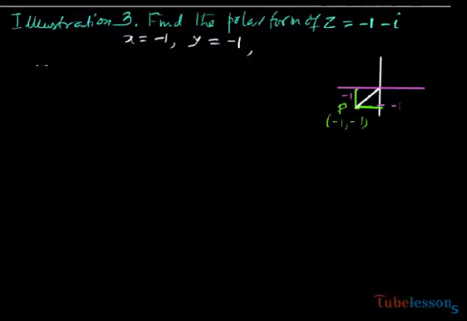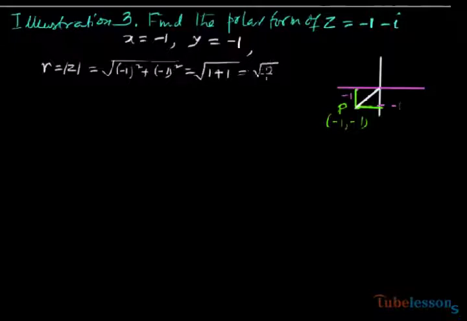So first modulus, root of x square plus y square. Here x is minus 1 whole square, minus 1 whole square, 1 plus 1, root 2. Now phi is an acute angle.